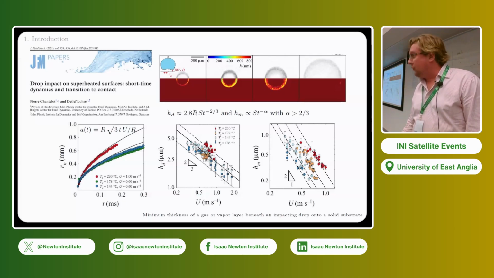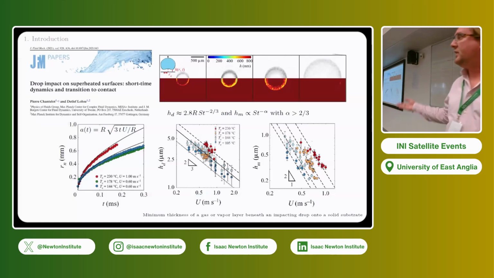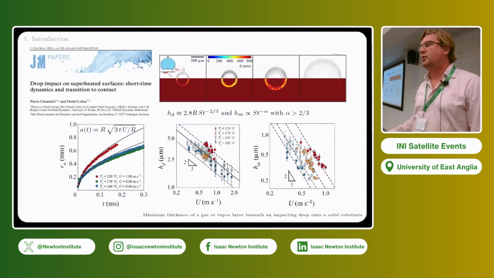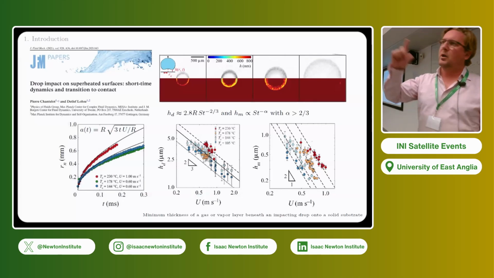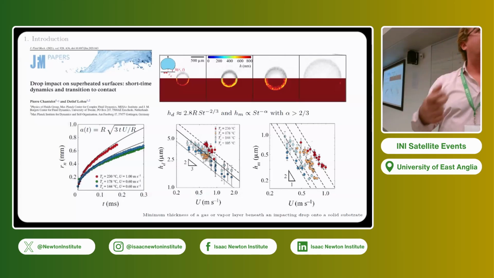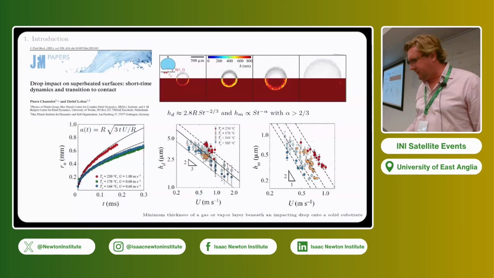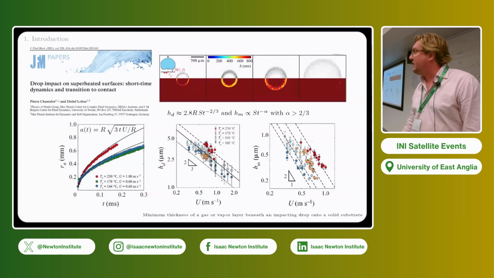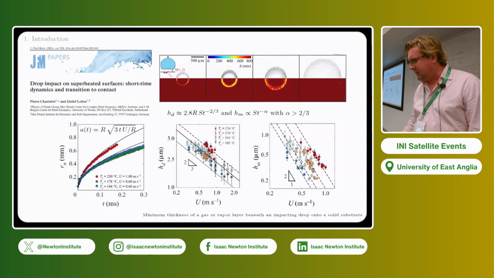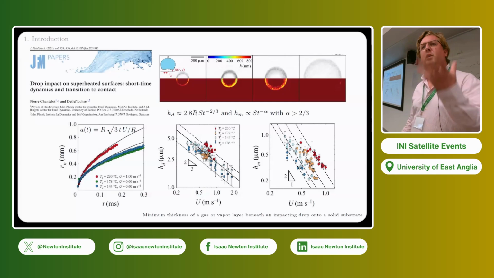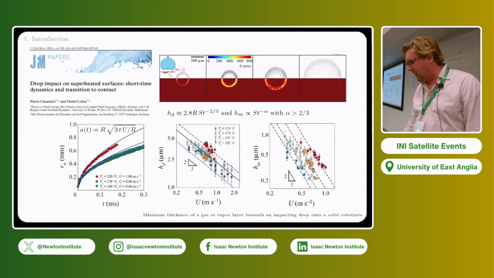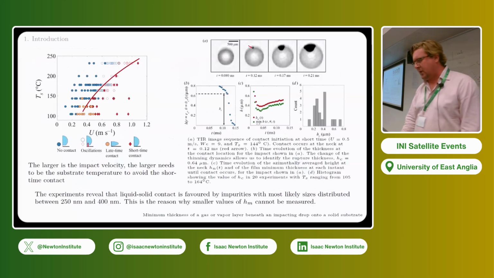They also obtain on the heated substrate the scaling of the dimple height, which was observed by the same group for the isothermal case. And they are able to determine the minimum thickness with laser techniques, using a solid sapphire to have a view, as a function of the velocity.